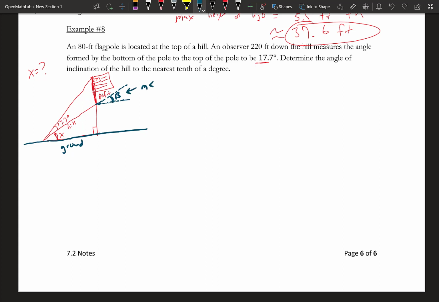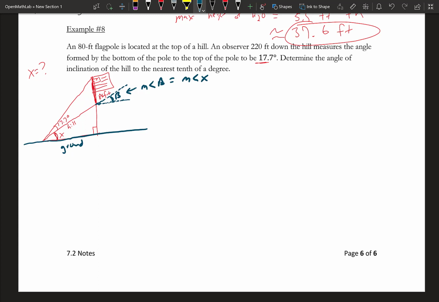The measurement of angle beta will be equal to the measurement of angle x, because we have a line intersecting two parallel lines. That's just from geometry days. Those are what we call corresponding angles.